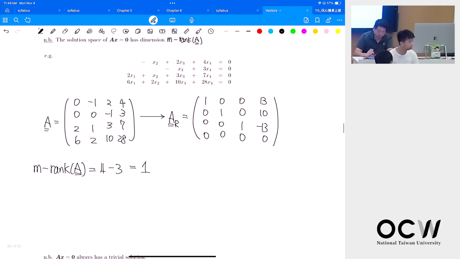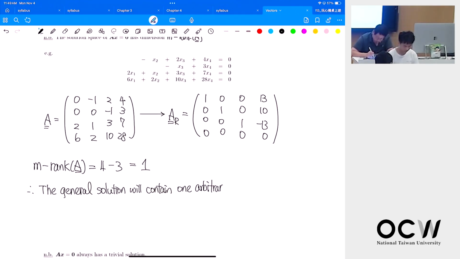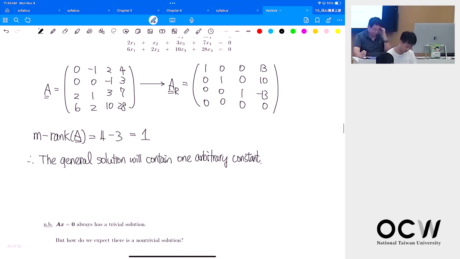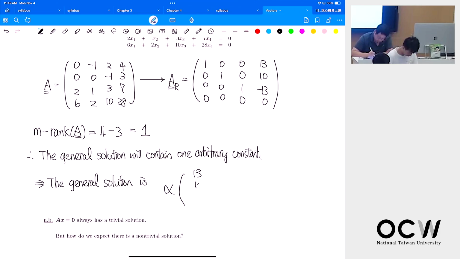So since you know that m minus rank A is 1, you should expect the general solution will contain one arbitrary constant. So the general solution is alpha times (13, 10, minus 13, 1).